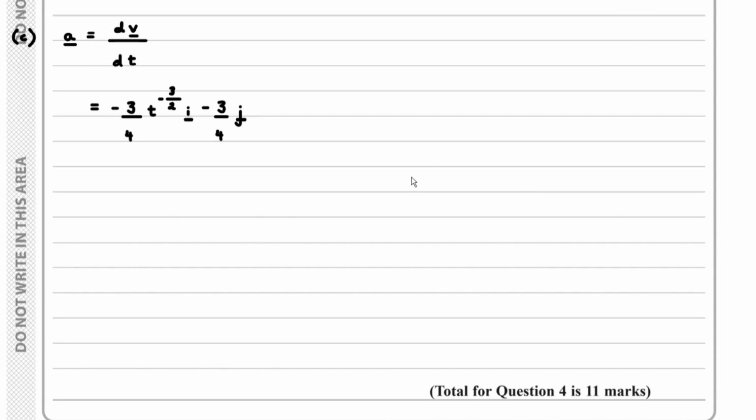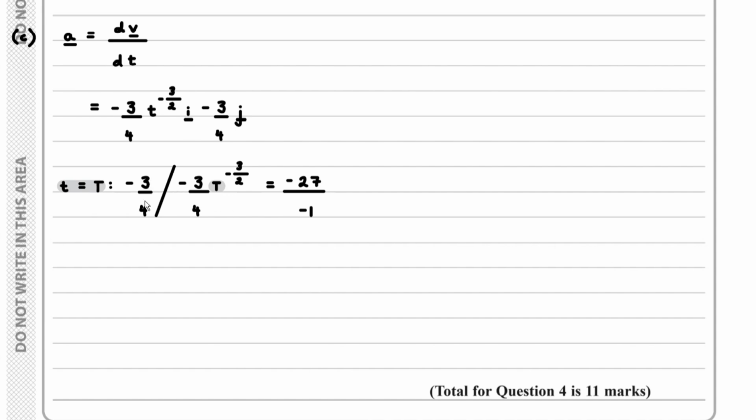We know when t equals T, P is accelerating in the direction of -i - 27j. Hence, when t equals T, we have -3/4 over -3/4 T^(-3/2) equaling -27 over -1. With this, we can find out what T is.